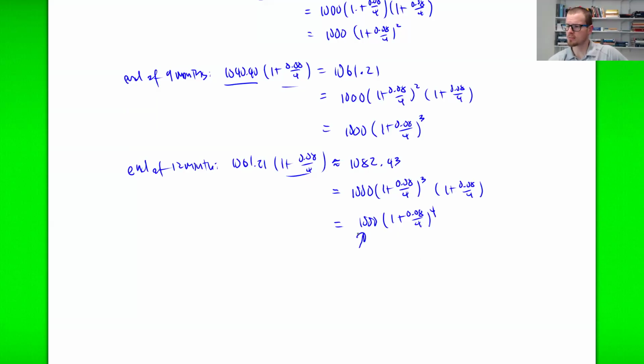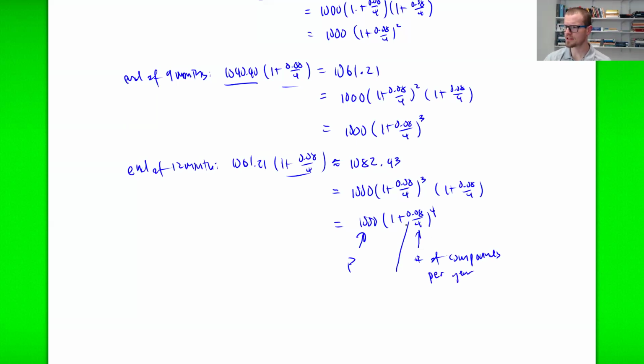And what I can observe is that this is that initial amount given, or that initial amount invested, $1,000. The 4 is the number of compounds per year. If it's compounded every 3 months, then it will have 4 compounds in a year. Number of compounds per year.